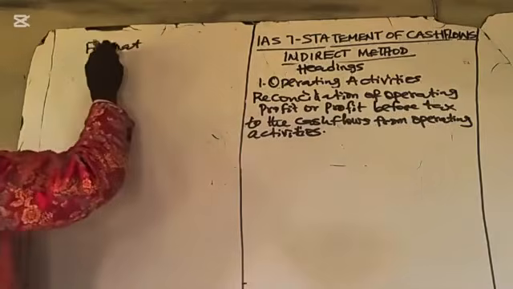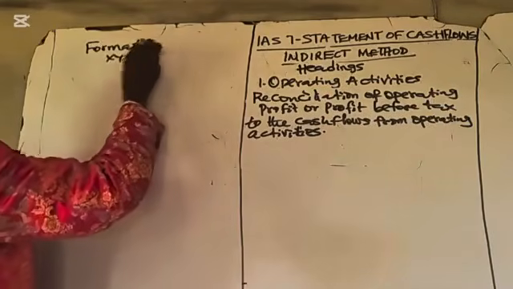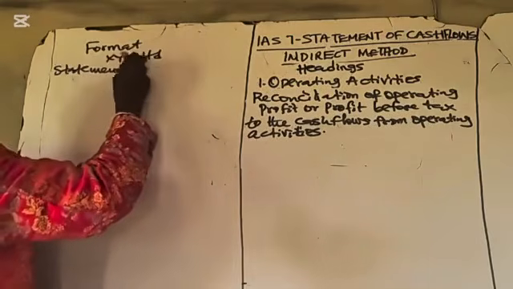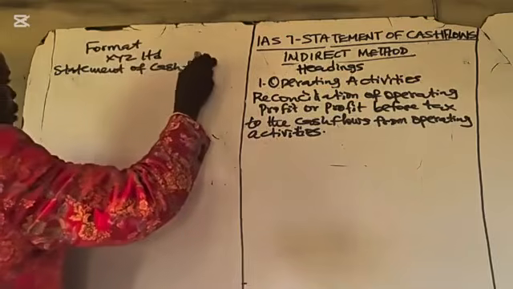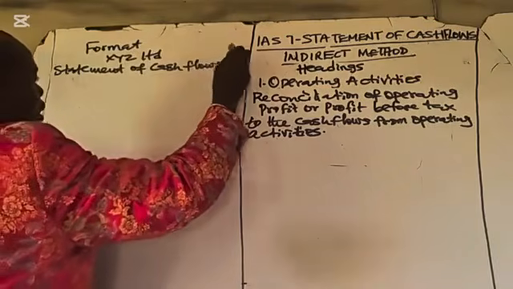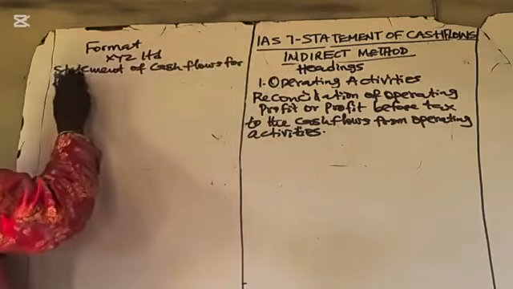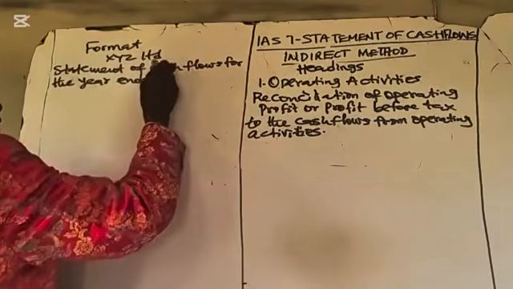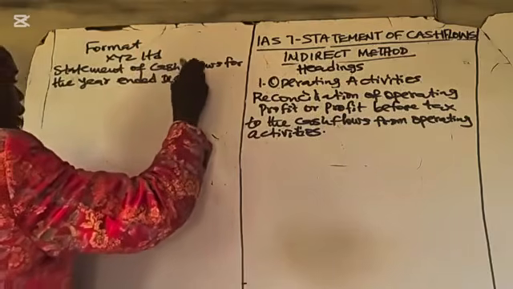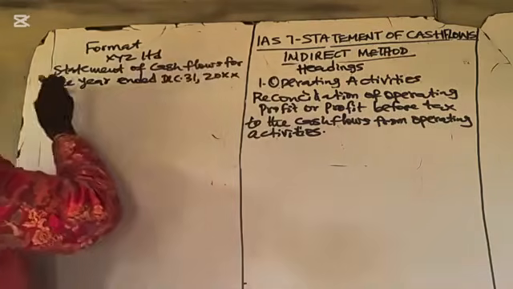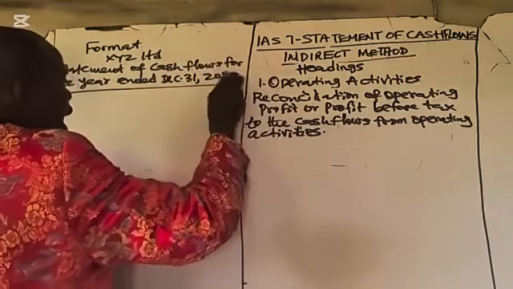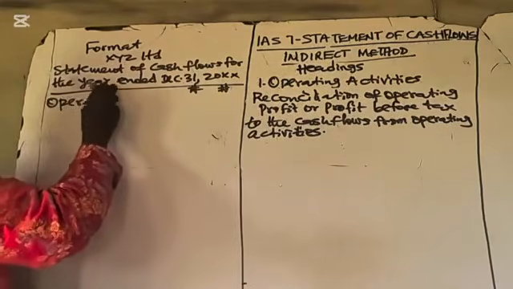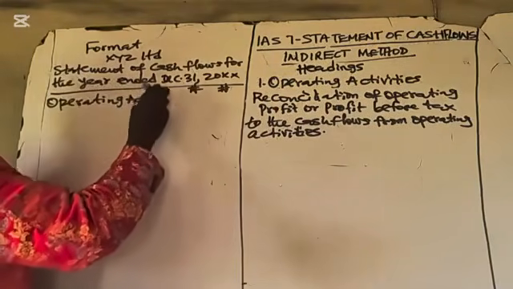XYZ Limited, statement of cash flows for the year ended December 31st, 20XX. The first heading is operating activities.